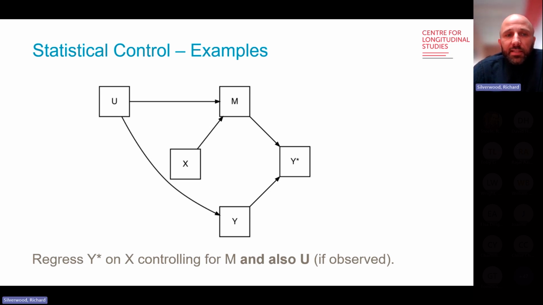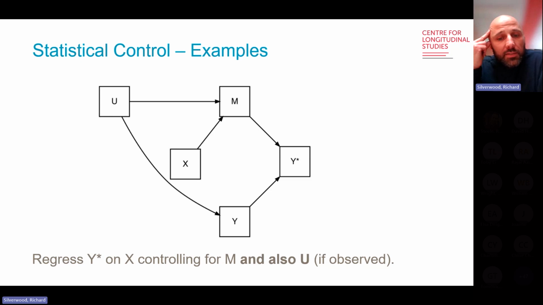Here we've just extended this DAG by including a variable U, which is a common cause of M and Y. The setup is the same apart from that. So now if we instead regress our observed Y star on X, and control for just M, this will no longer be sufficient to allow an unbiased estimate of the association between X and Y. That's because M here is a collider, which means that when we condition on it, it opens up an additional path.